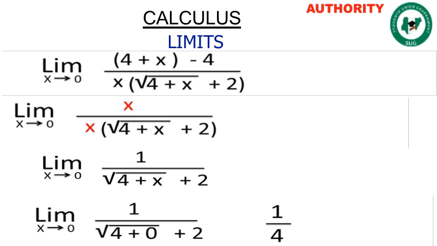Then square root of 4 is 2. 2 plus 2 is 4. So therefore we are having 1 all over 4. Yes, so after the evaluation of lim as x approaches 0, square root of 4 plus x minus 2 all over x, our answer is 1 all over 4.